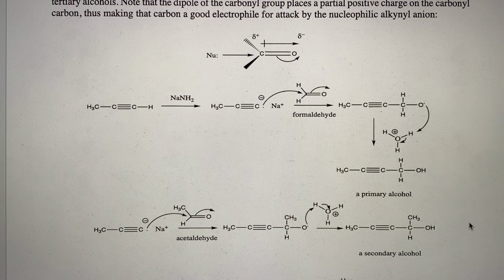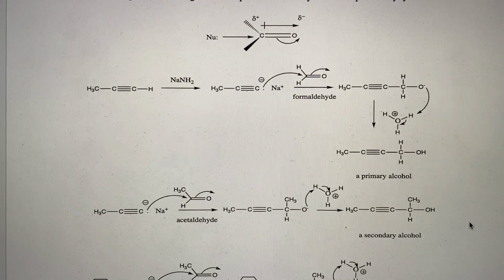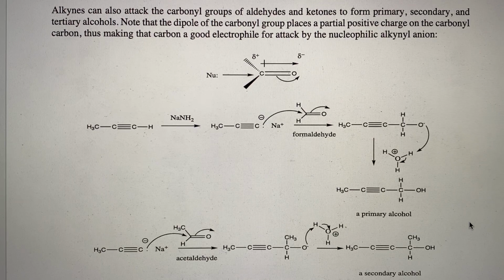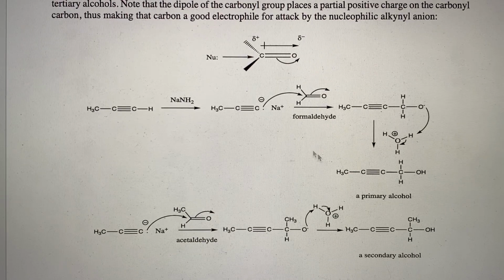Now there's another reaction as well, like with a ketone or aldehyde, because when you have a nucleophile, it can pretty much react with any carbon that's positive. So in this case, the C double bond O, the carbon is positive because oxygen is more electronegative.